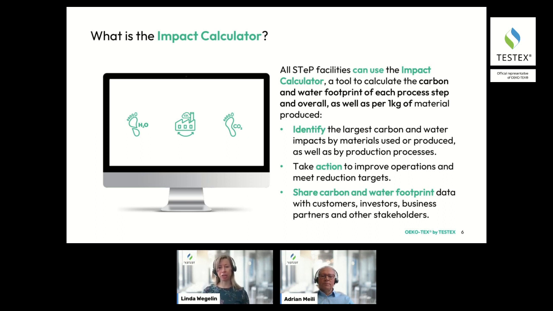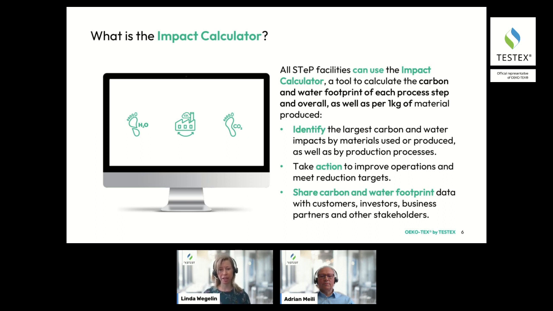You can then take action on them, because you see, oh, there is a hotspot, I have to tackle that one. And then, once you have improved that and you're ready to be transparent and open about how environmentally friendly your facility is, you can also share this verified report.